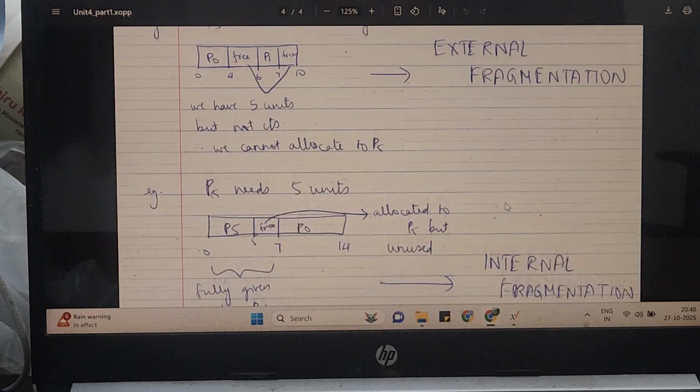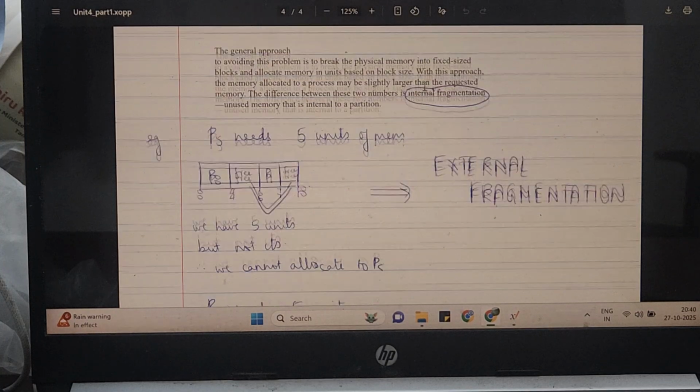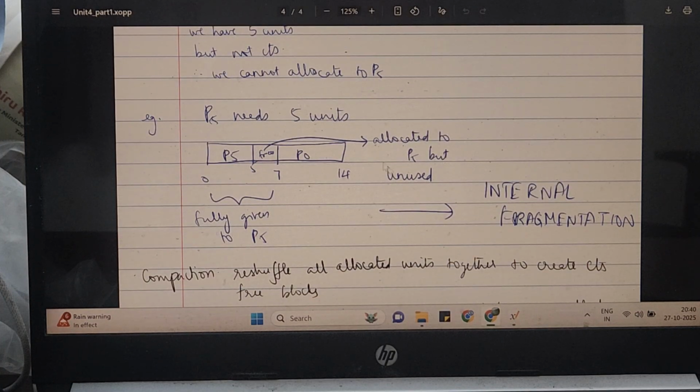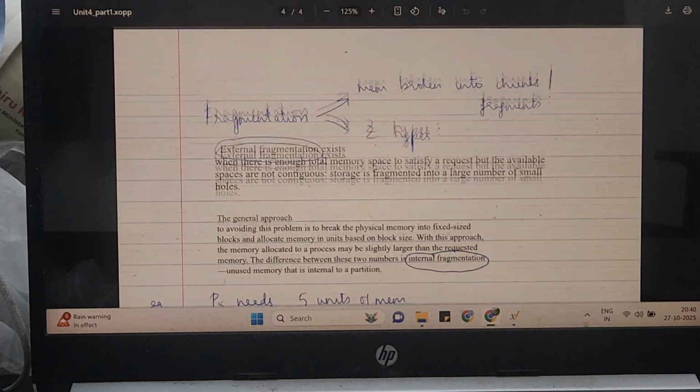So this kind of fragmentation, where the memory allocated to a process is slightly larger than the requested memory. So requested memory here was 5, allocated was 7. So 7 is slightly larger. In such cases, that difference is the internal fragment. So this 2 units becomes an internal fragment. So that's the idea of fragmentation.